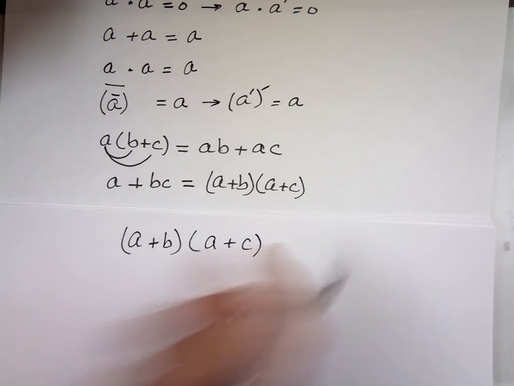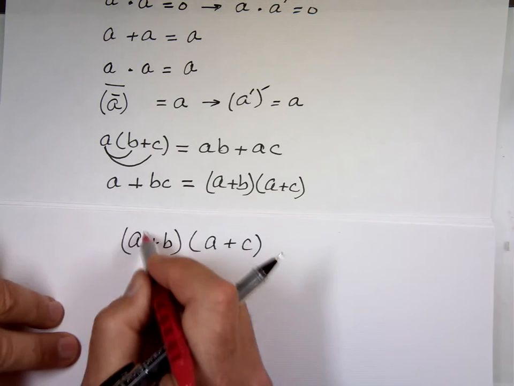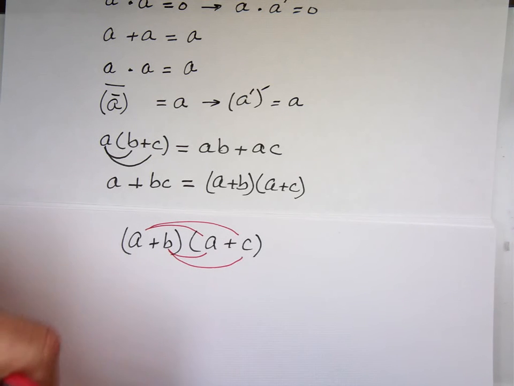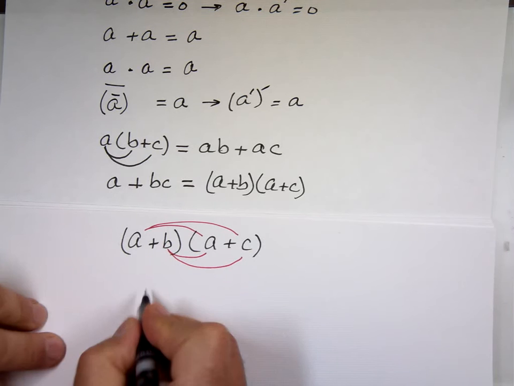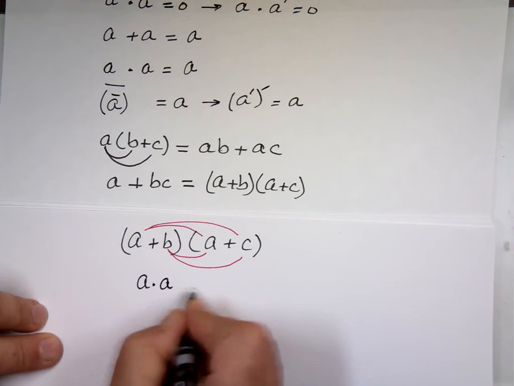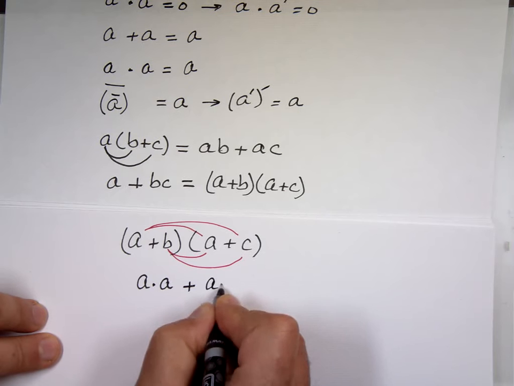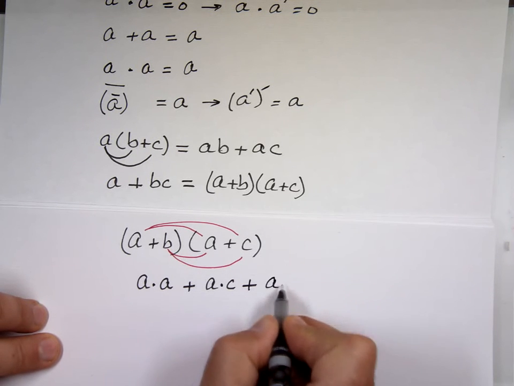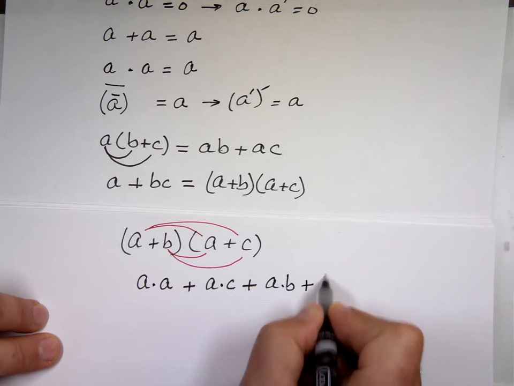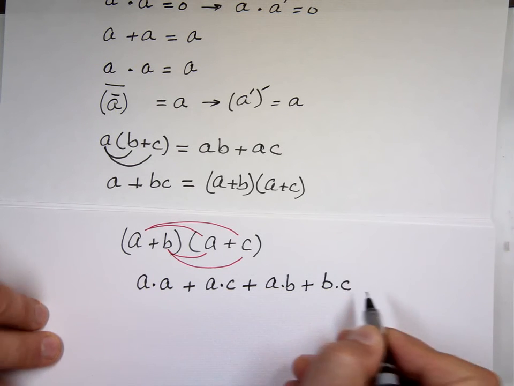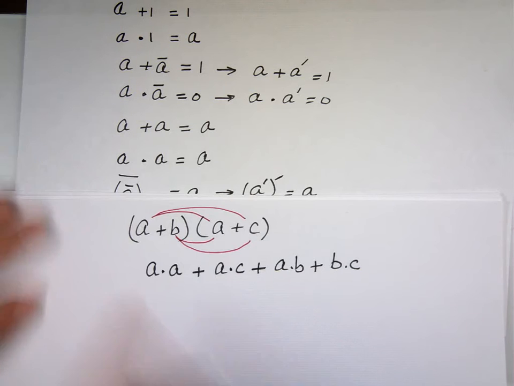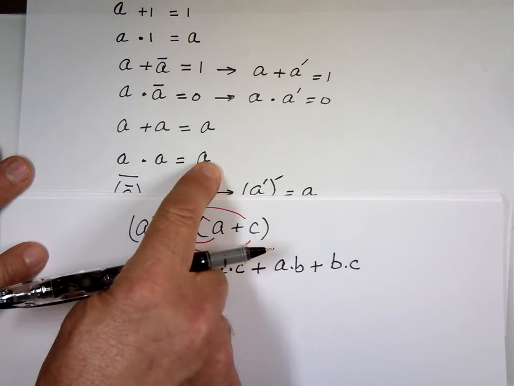If I do the FOIL method, that's still true here. So that would be what? A and A plus A and C plus A and B plus B and C. What's A ANDed with A? A.